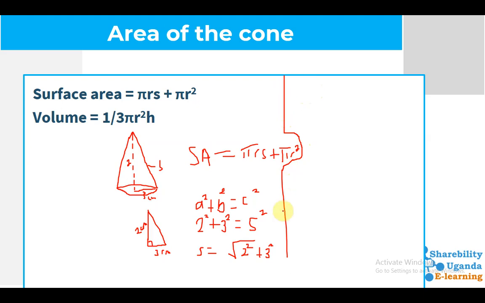Then here we shall get our slant as the square root of 4 plus 9, so our slant shall be equal to, or, 2 plus 3, which is equal to 5.